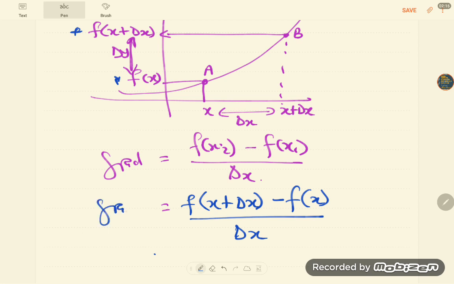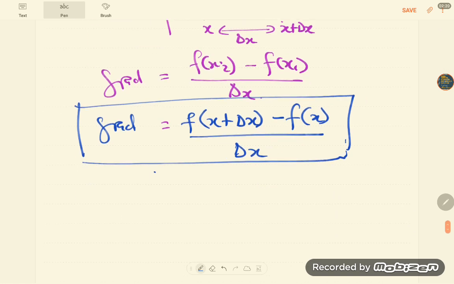So this is the gradient formula that we're going to use. Okay.